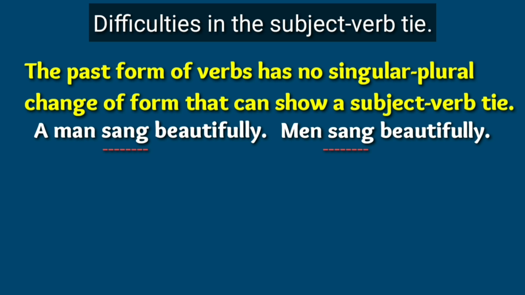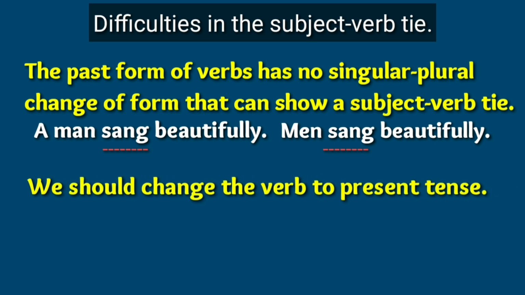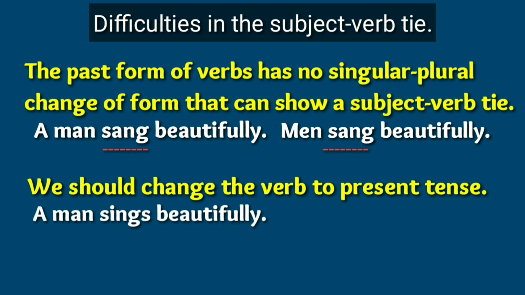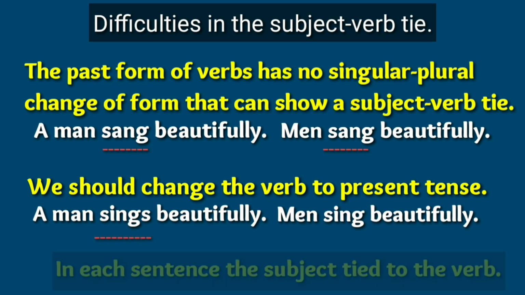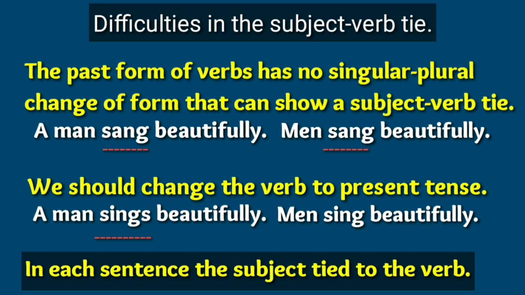So, what's the solution? We should change the verb to the present tense. It will be like, a man sings beautifully. Men sing beautifully. We note that the subject man is tied to the verb sings and men tied to the verb sing.